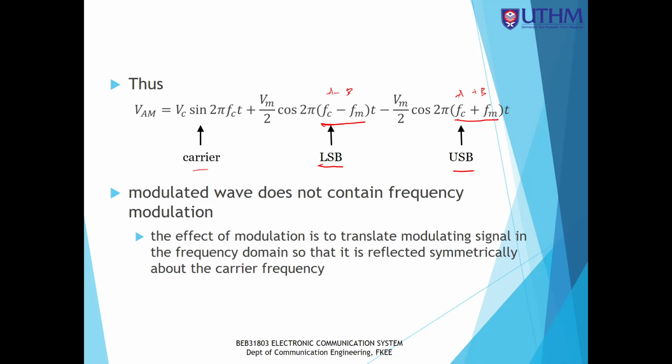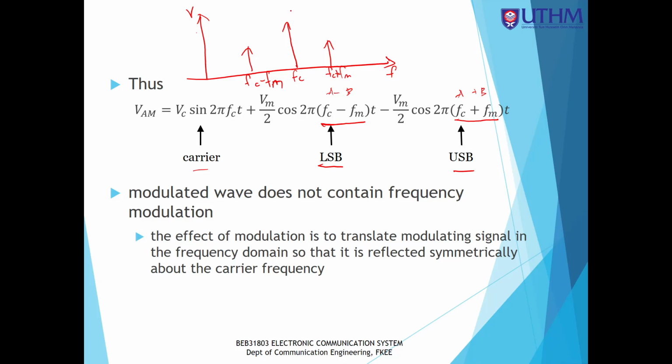So when you want to draw the frequency spectrum, which is voltage versus frequency, I can draw like this. This is fc, this is fc plus fm, and this is fc minus fm.